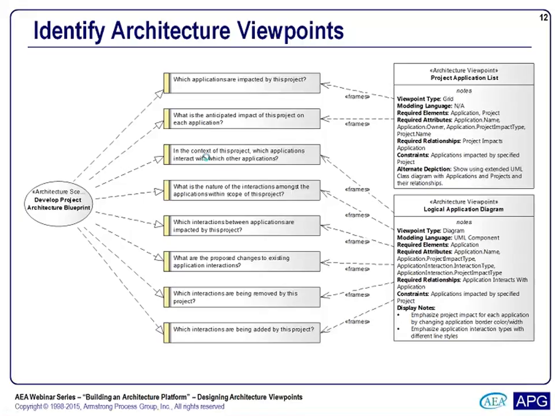Based on this set of concerns, the framework manager said that two of the ways we can address them are with these two types of architecture viewpoints. One of them is a project application list. The viewpoint type is a grid, not using any specific modeling language, since it's really a tabular report.